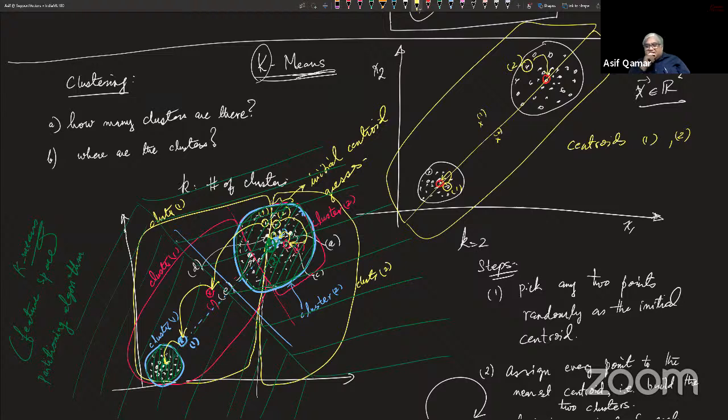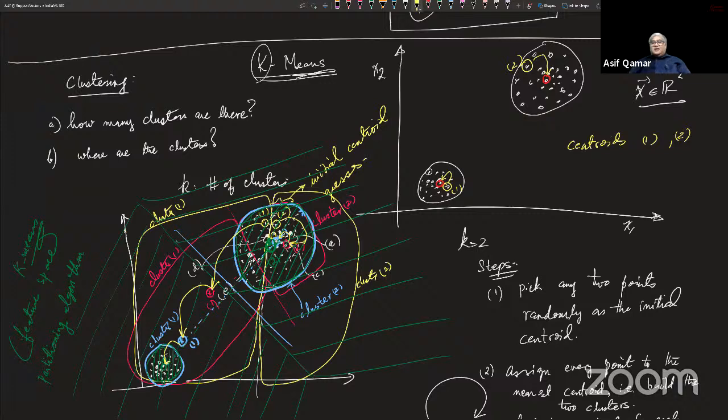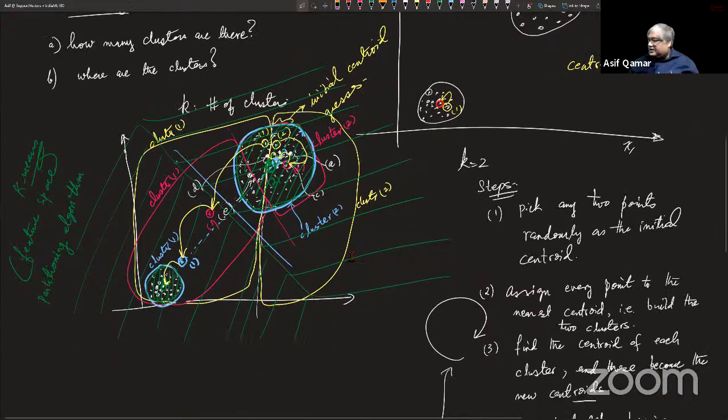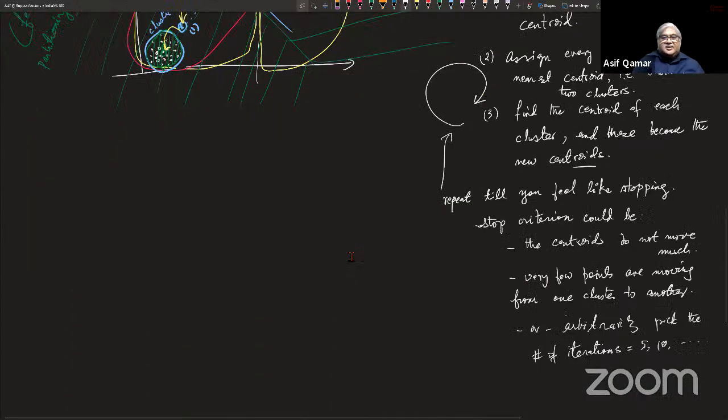Many clever ways people have found. So one clever way, I'll just erase this part, these bad clusters that I drew. Okay. So let me draw this again. I think the previous drawings have become cluttered.